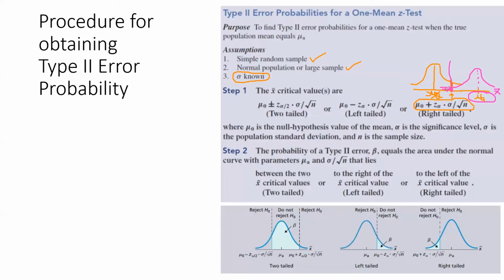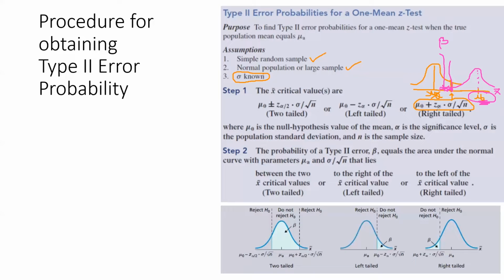And then the probability under this tail end is what we're going to care about. We're going to find that value, and that's going to be the type 2 error. So the probability of making a type 2 error is the amount of error in this tail for a given mu sub a, which we may not really know.